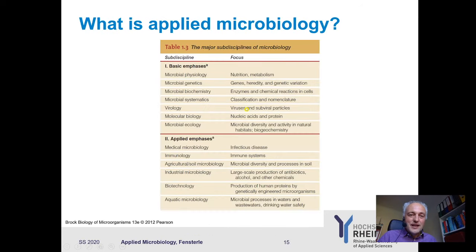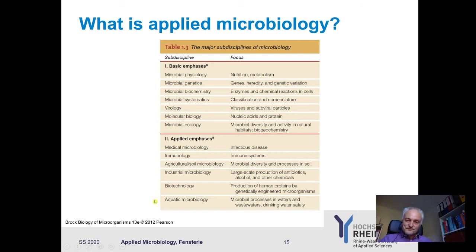Okay, now this is an example of what applied microbiology is, but it's just an example. So this is the pragmatic definition of applied microbiology, and it's not so easy to define it really. The basics here are biochemistry, genetics, metabolism, whatsoever, and applied is then medical microbiology, immunology, agricultural soil microbiology, industrial biotech, aquatic microbiology.